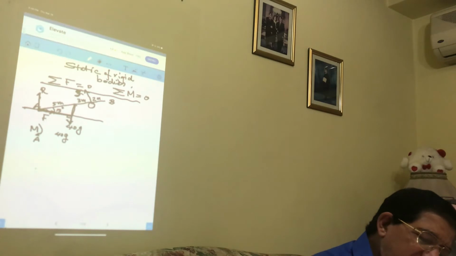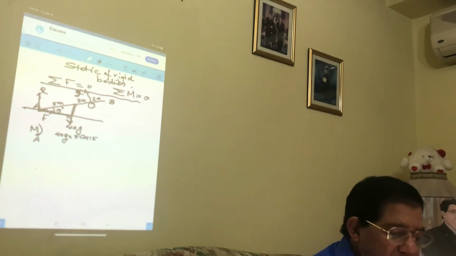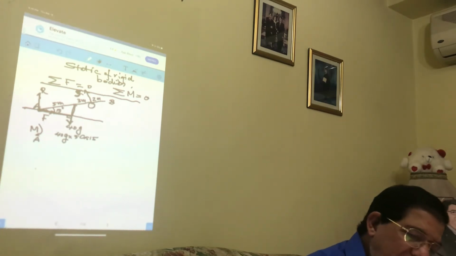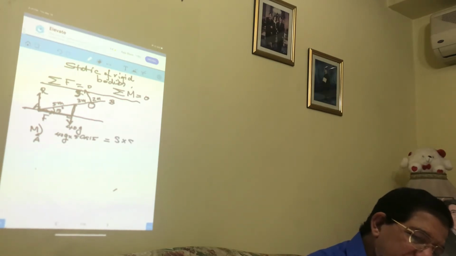The perpendicular distance is 5 cosine 15, so 40g times 5 cosine 15. This is the clockwise moment. The anti-clockwise moment is the force S times 8.